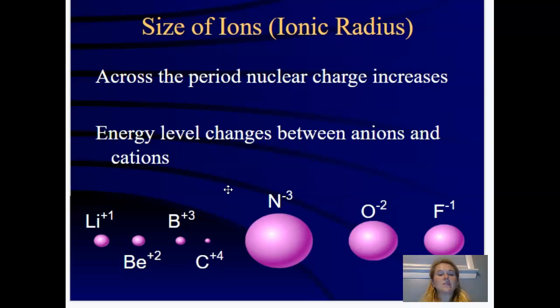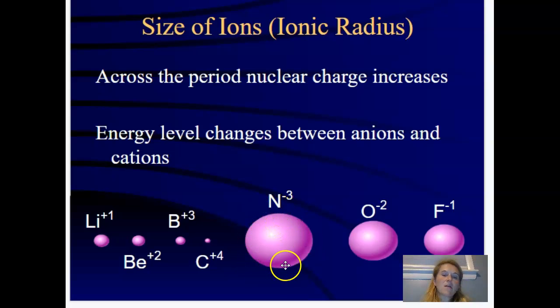And so that is going to slowly pull in those energy levels smaller and smaller and smaller as we look at our cations here. But then when we go from a cation with carbon, the next guy, nitrogen, is definitely an anion. He would rather gain electrons than lose them.